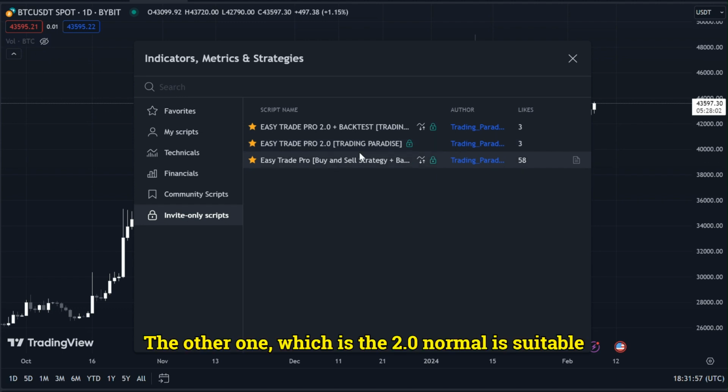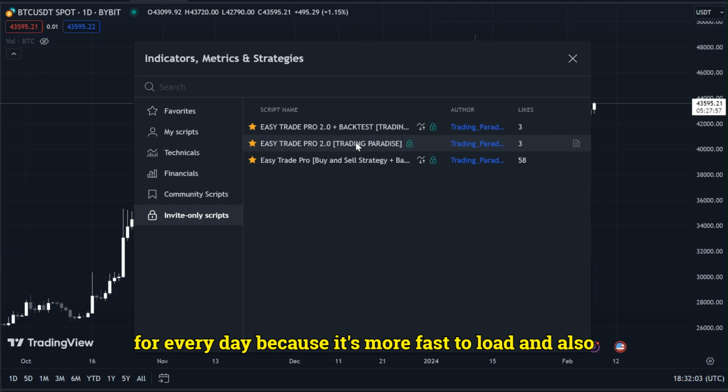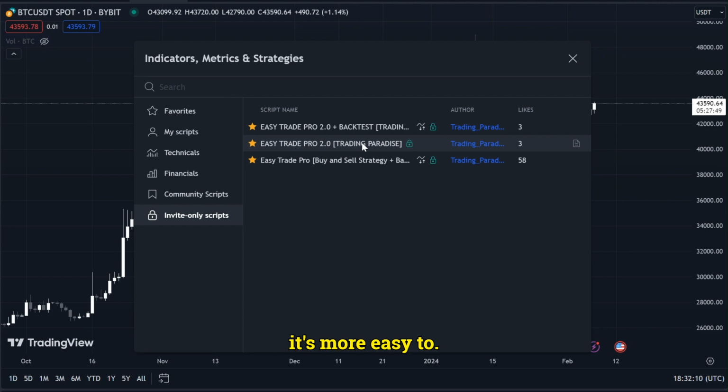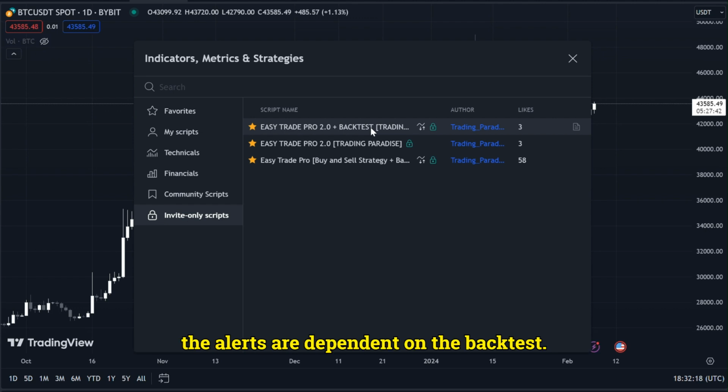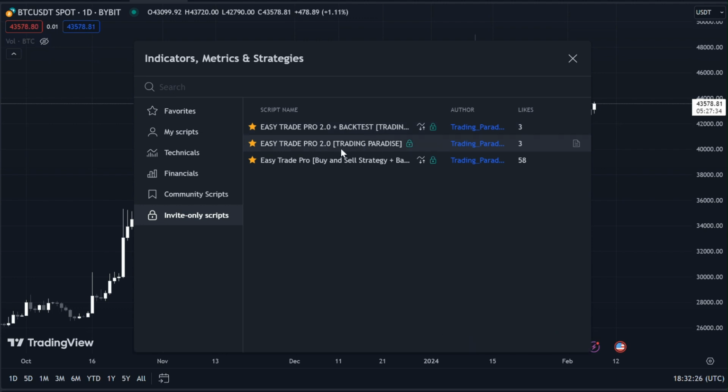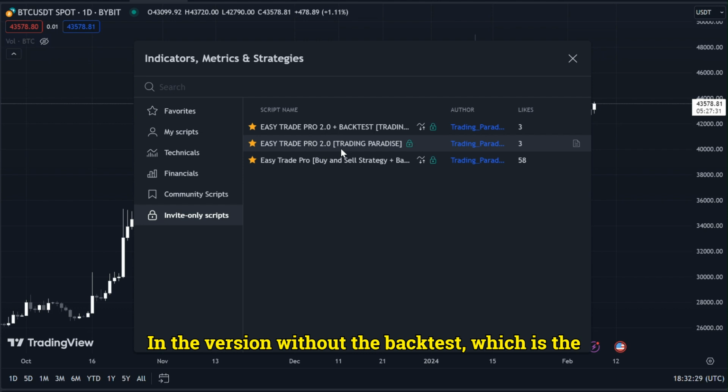The other one, the 2.0 normal, is suitable for every day because it's faster to load, and it's also easier to set up alerts, because if you have a backtesting system, the alerts are dependent on the backtest. So you set your rules in the backtest and you get the alerts. In the version without the backtest, which is the indicator version, the alerts are set up normally like with any indicator.